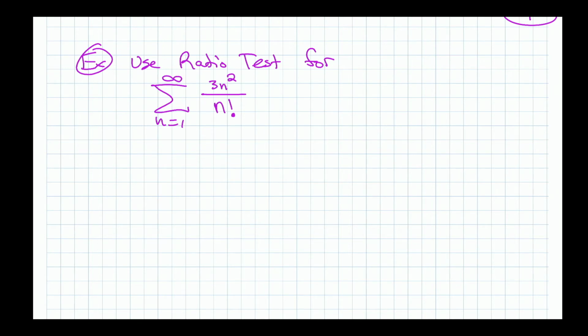So in order to do this, you need to know about factorials, which I think we did once before, but I'm going to remind you. Remember that a factorial is something like 1 times 2 times 3 times 4, that's a 4 factorial. And a 5 factorial would be 1 times 2 times 3 times 4 times 5.